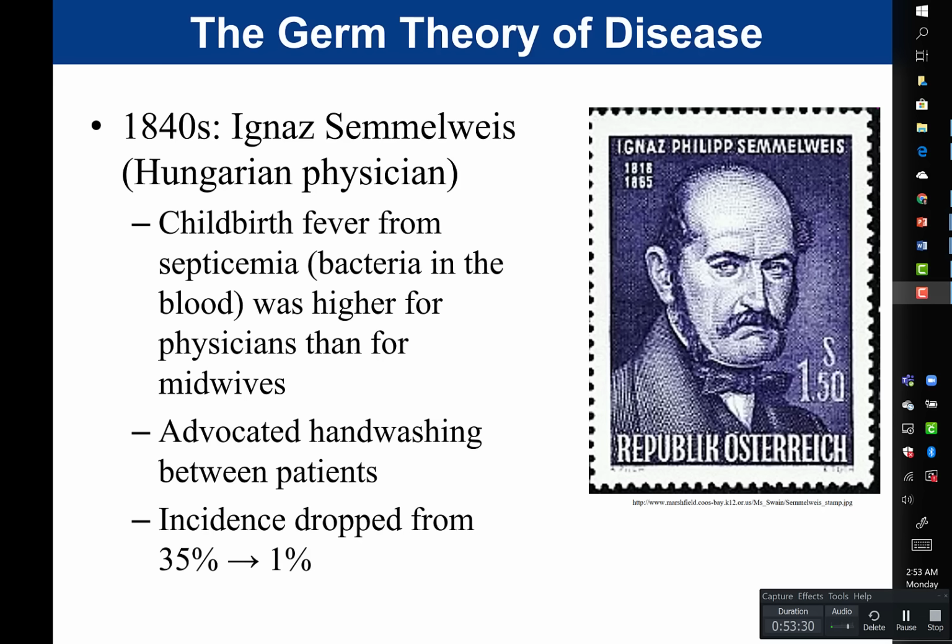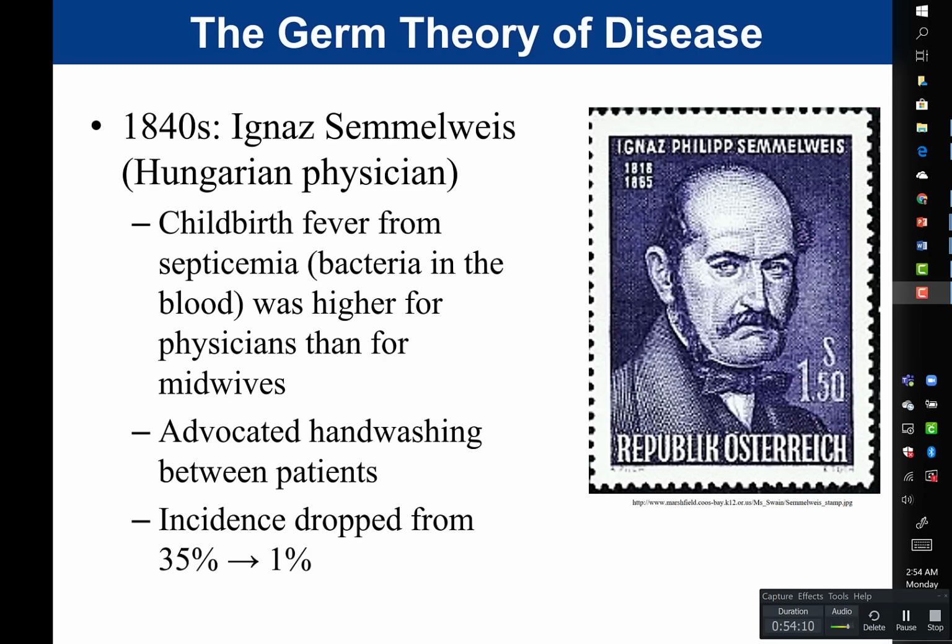And he did this because he found that the chlorinated solution worked best to remove that putrid smell of the infected autopsy tissue, and thus perhaps destroyed this causal poisonous or contaminating cadaveric agent. And so because this chlorinated lime basically would get rid of the smell, he said, well, that likely means that it's also getting rid of this cadaverous material, which could then also reduce the risk for childbirth fever.